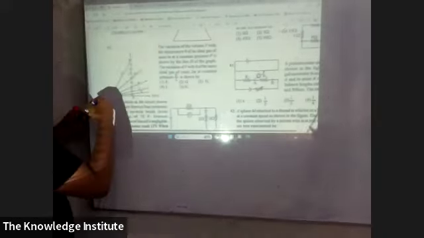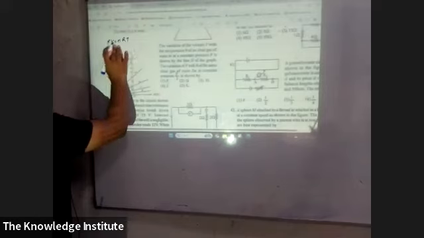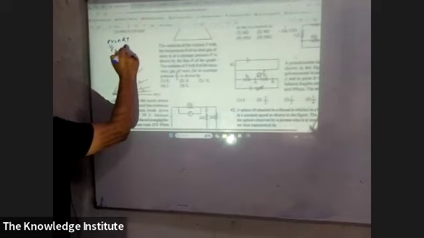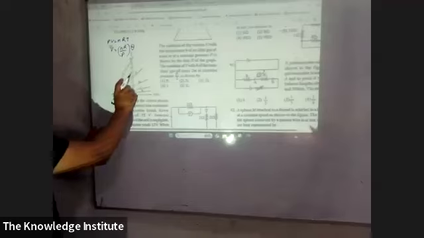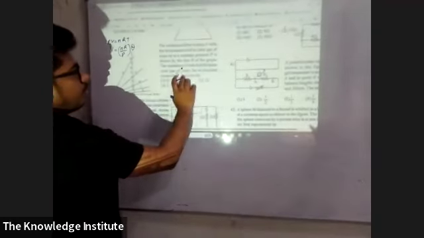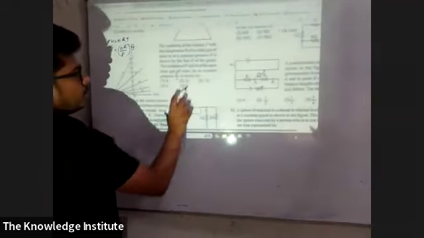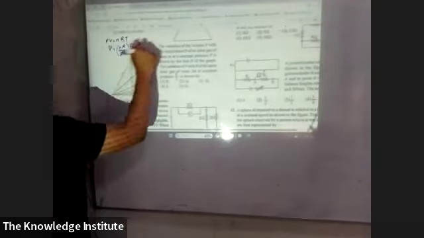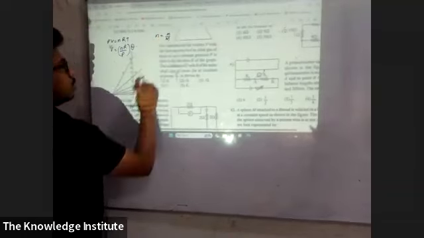So PV equals nRT. Okay. So here V equals nR over P times theta. So the gradient is nR over P. Okay. So it says the variation of V with theta of the same ideal gas of mass 2m. So here the mass is also changing. Then we have to consider n equals m over capital M. No?